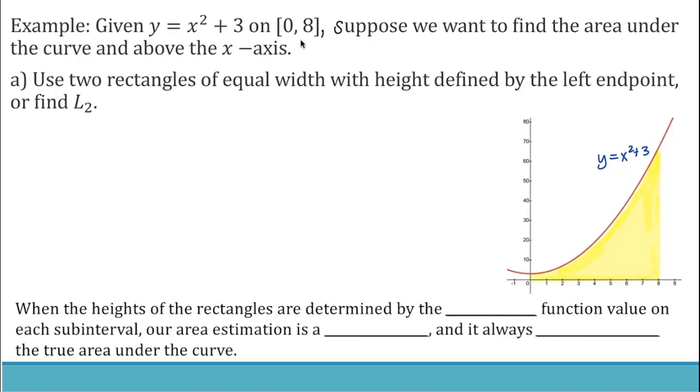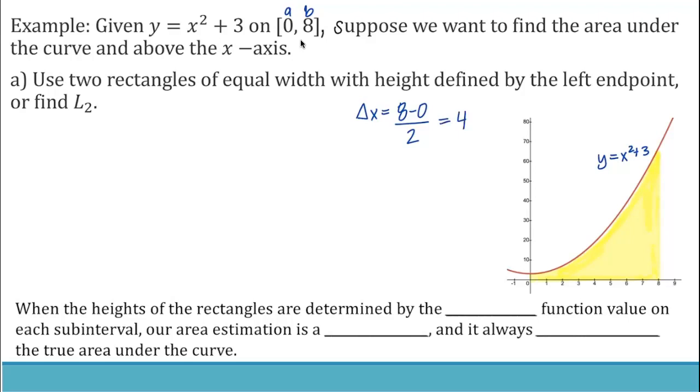So delta x, the width of each rectangle, is found by doing b minus a. Well, a is 0 and b is 8. So we're going to have 8 minus 0 divided by n, which is the number of rectangles. So in part A, the number of rectangles is 2. So 8 minus 0 over 2 is 4. The width of each rectangle is 4.